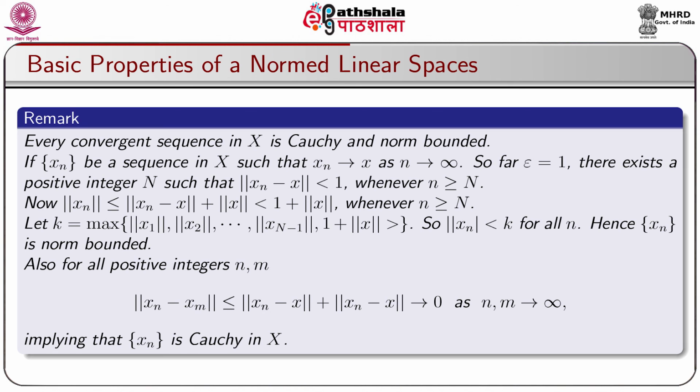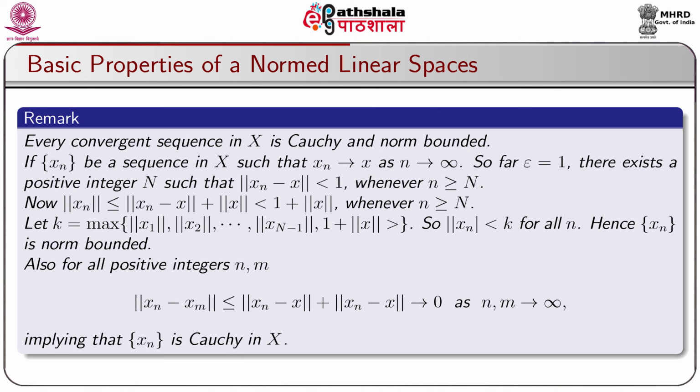Similarly, we get a result in real analysis that every convergent sequence in the real number space is also Cauchy. That means, let xn be a sequence in X such that xn goes to x as n tends to infinity. So, for epsilon equal to 1, there exists a positive integer N such that norm of xn minus x is less than 1 whenever n is greater than or equal to N. Now, we can write norm of xn is less than or equal to norm of xn minus x plus norm of x.